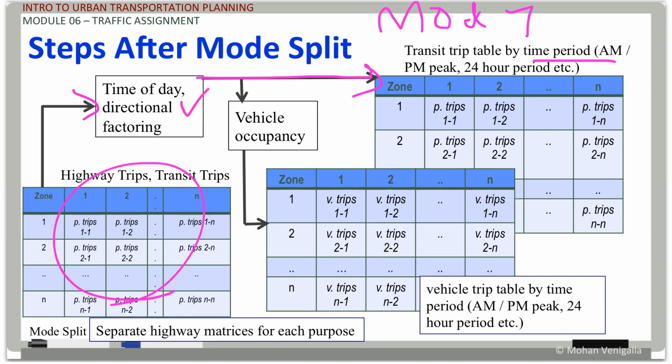Now, what do I mean by time period? Typically, the trip generation, distribution, and mode split process happens on a 24-hour trip table. And then they take that and split it into morning, afternoon, peak periods, and 24-hour. And sometimes they do an off-peak period too.